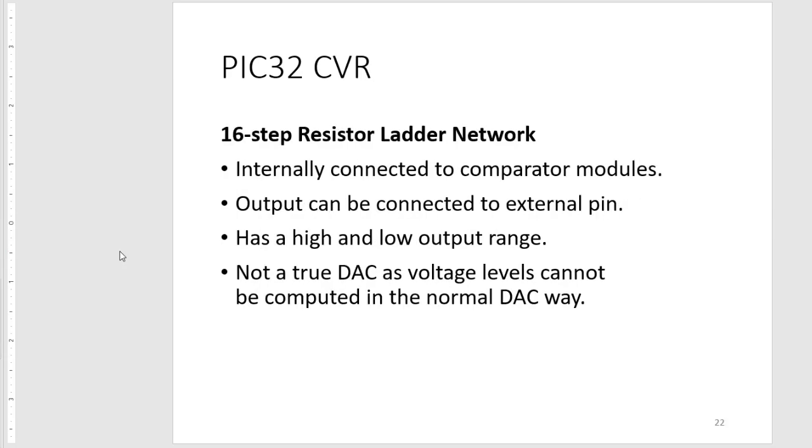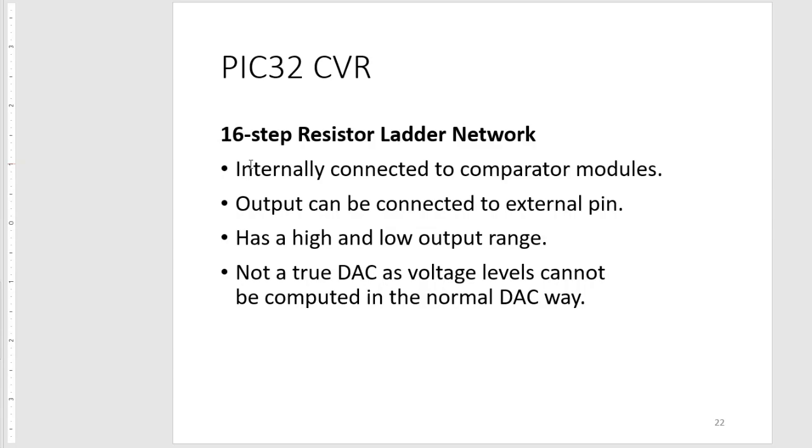So first we have the comparator voltage reference, which is a 16-step resistor ladder network. The CVR is internally connected to the comparator modules, but can also be connected to an external output pin. So it has a high and low output range.